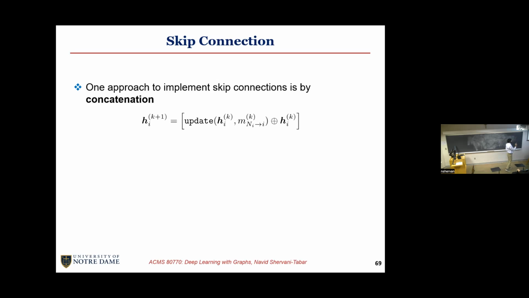Now, however, before declaring this as the updated embedding, we also concatenate the information h_i^k, the embedding of node vi at level k, with this updated value, and we consider that as our updated node embedding.